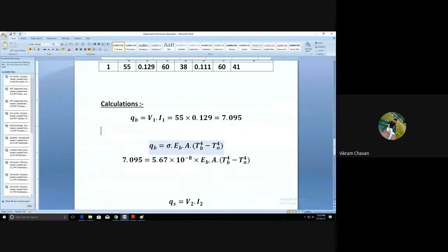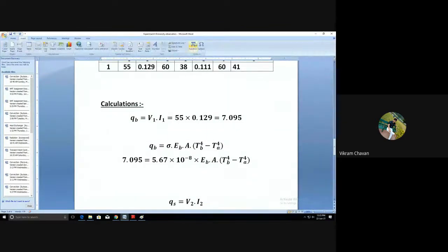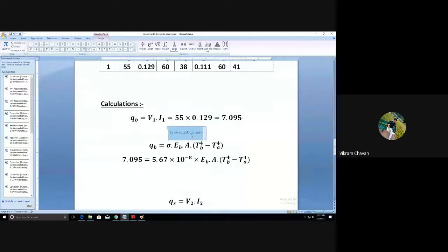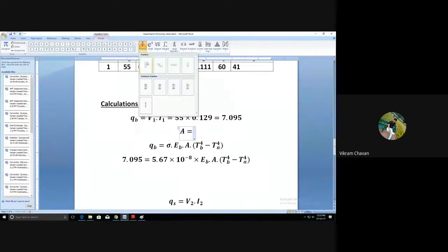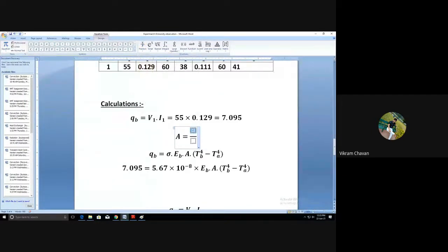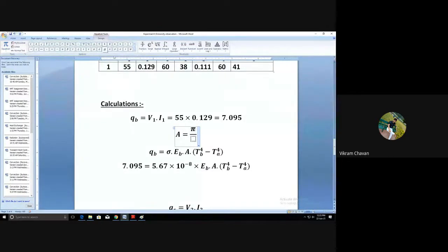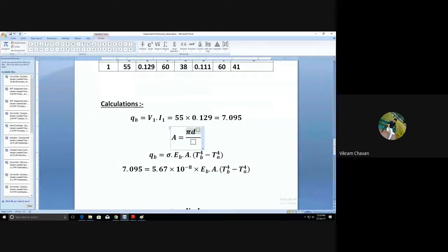So how to calculate the area for the disk surface area? The disk is having double sides, front side and back side. Normally the one side area will be equal to pi d square divided by 4, which is the normal area.